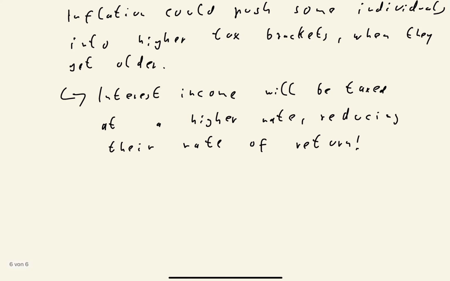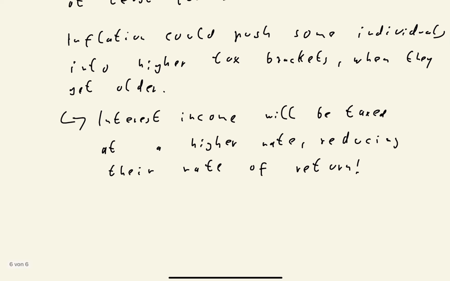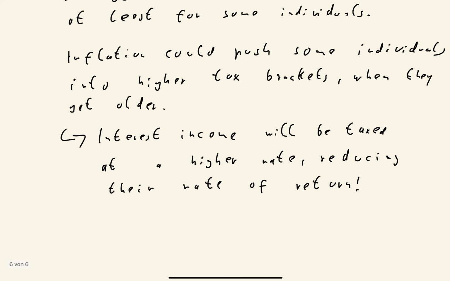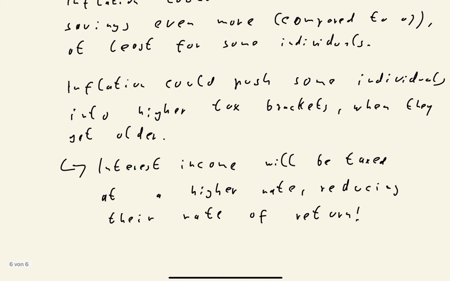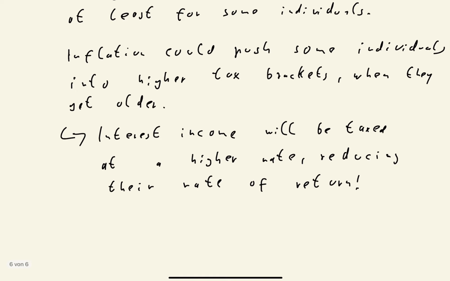But as before, it is not clear whether this non-indexing of the threshold and, as a consequence, the reduced rate of return will increase or decrease savings, because as before, there is a substitution effect, so it becomes relatively more expensive to consume in the future relative to the present.